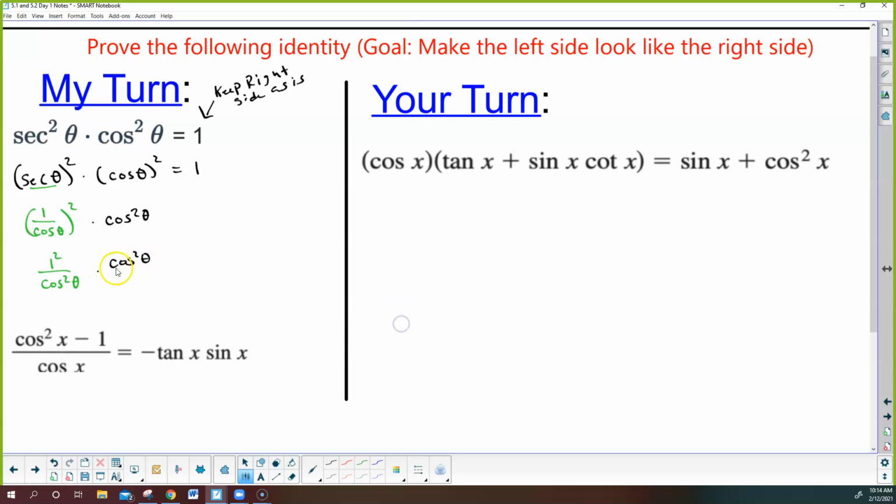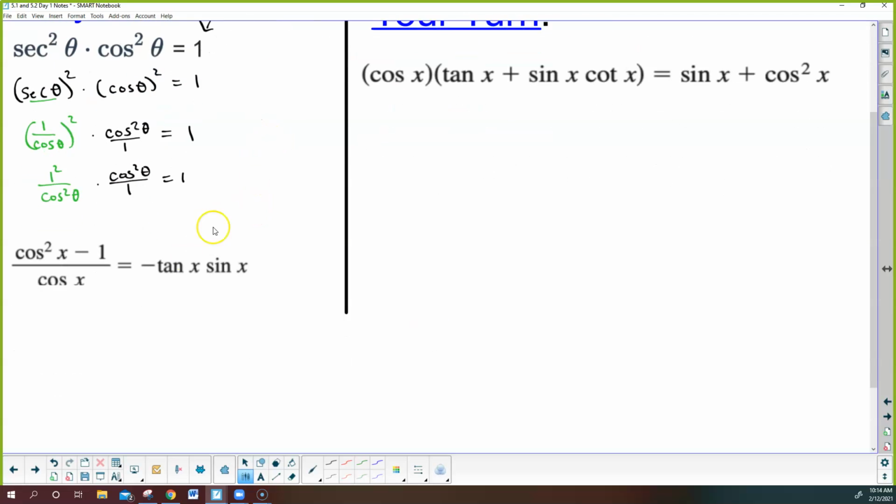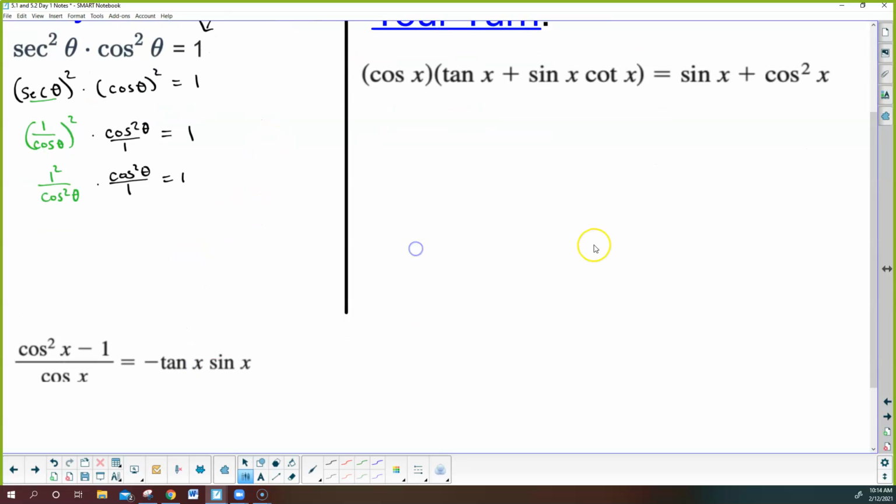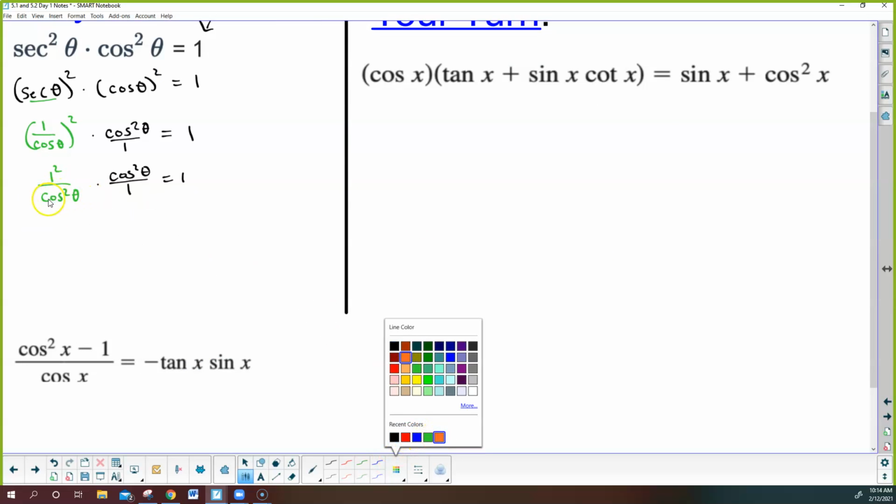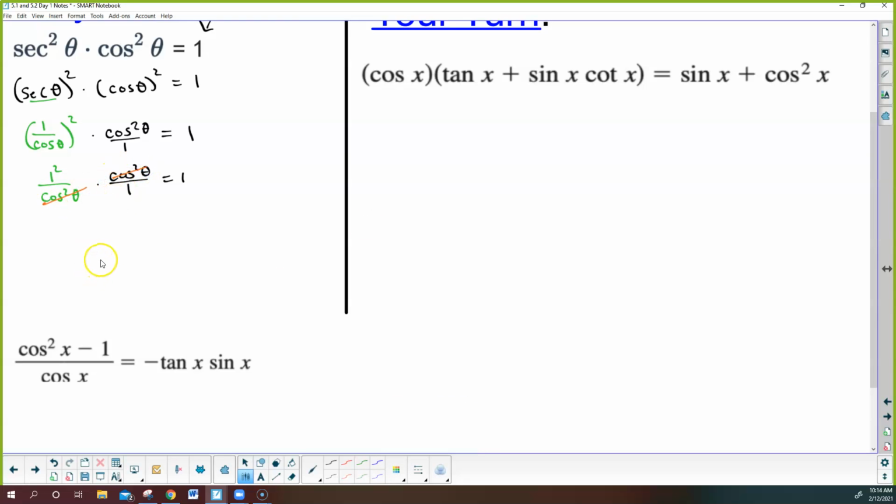But notice what we have. This is the same as cosine squared over 1, and it should always equal 1. So I'm doing my best to make the left side look like the right side. And what happens? Well, I've got a cosine squared on the bottom and a cosine squared on top. Those are going to go away.